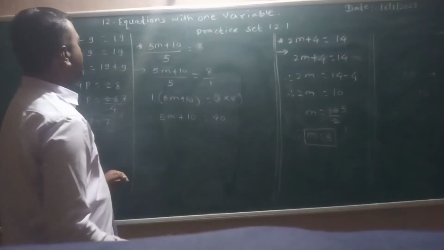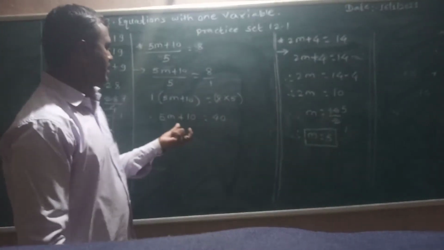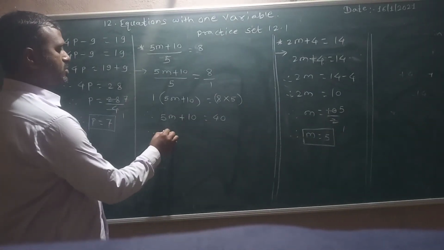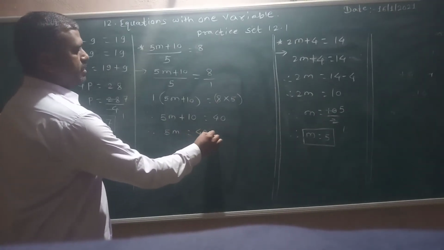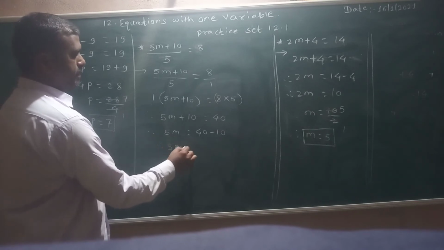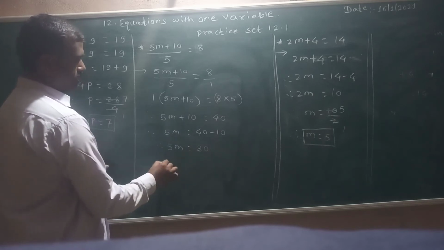This equation is again converted into the previous type of equation. We can solve easily by transferring the numbers towards the right hand side. 5m is equal to 40 minus 10. It is 30.